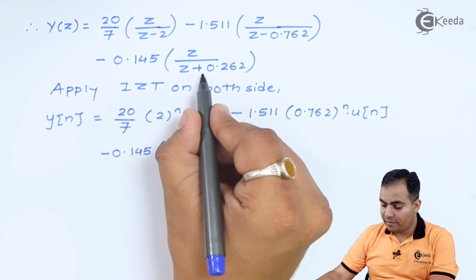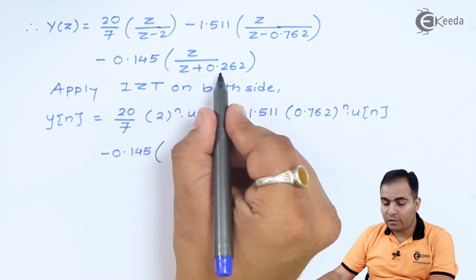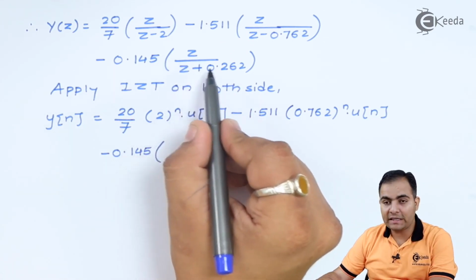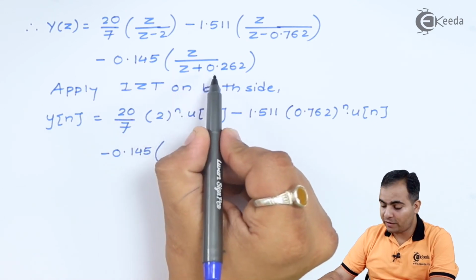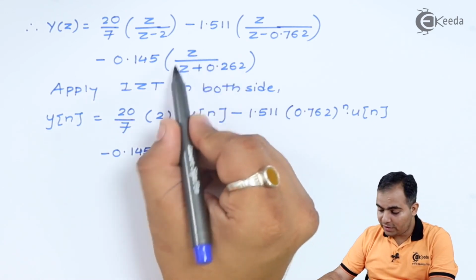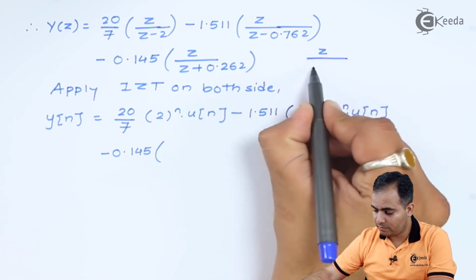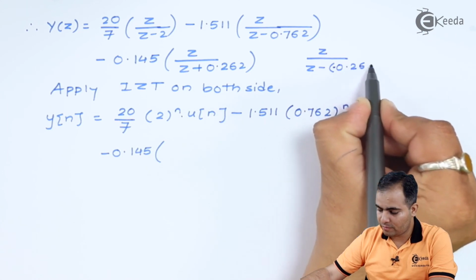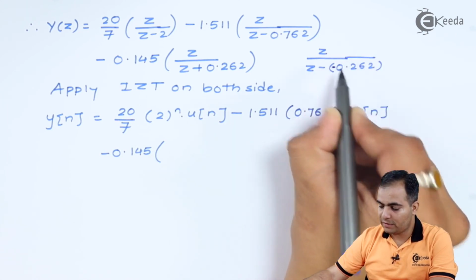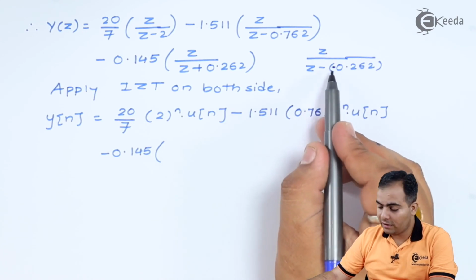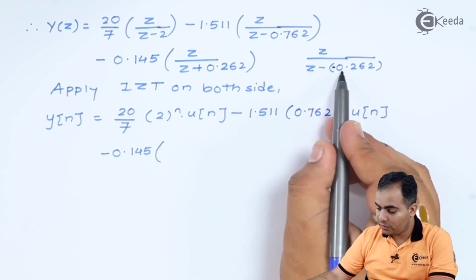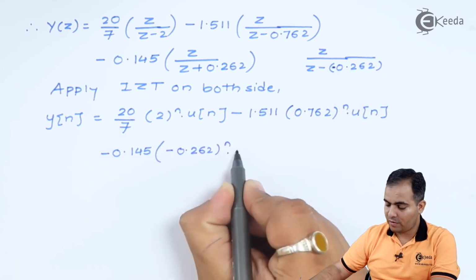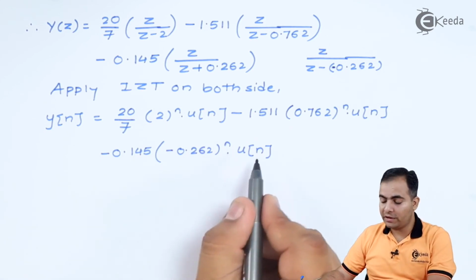Now here my a value is minus of 0.262 because we want to write this equation like z upon z minus a. So if I take a minus sign common for 0.262, then this equation can be written like this: z upon z minus, inside this bracket, minus of 0.262. So my a value is minus 0.262, so I can write minus 0.262 raised to n into u of n.